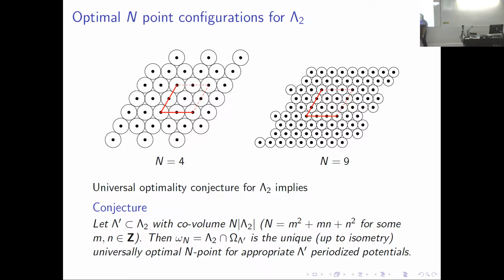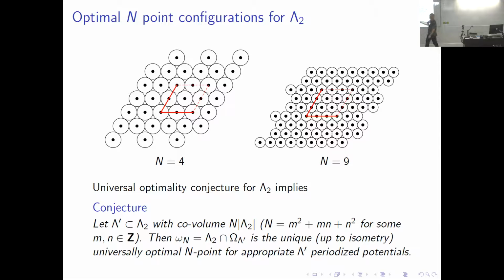And so if the full conjecture is true, then amongst all periodic configurations generated by 4 points, periodized by the sublattice, a configuration like these 4 points or something isometric to them will have to be optimal, universally optimal for all Gaussians, for all theta functions, I should say, because now our interaction is this theta function interaction.